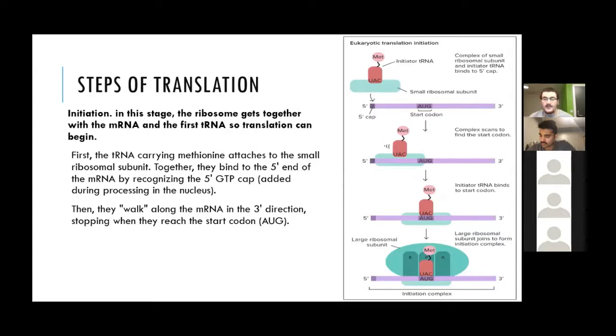This is something to remember: the only tRNA that doesn't have to start at the A site and starts directly at the P site is the tRNA encoding for methionine, the start codon. This tRNA sticks to the P site, to the middle of the small ribosomal unit.